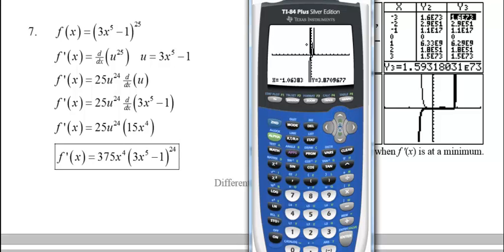I could just enter some x values and y values in my window, but I'm going to use the zoom box feature to allow me to box off a portion of the graph that I want to look at more closely. I'm interested in what's happening right in here. I was kind of lost on our other picture. Should have hit enter. Try again.